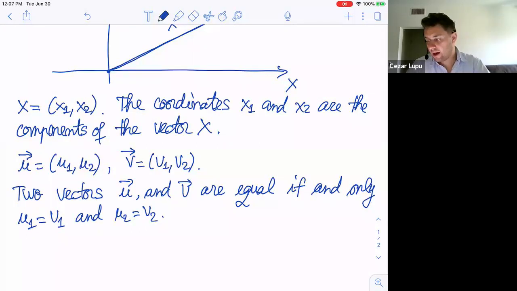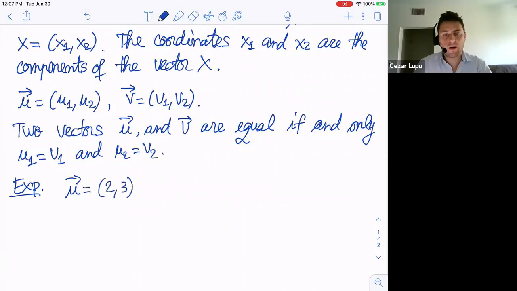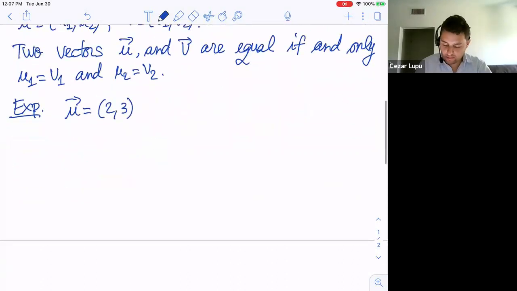So this is what happens when the two vectors are equal. And now let me give you an easy example. Let's suppose I want to represent the vector u of components or coordinates, whatever you want to call it, 2, 3. So this is nothing else than just the segment coming from the origin.